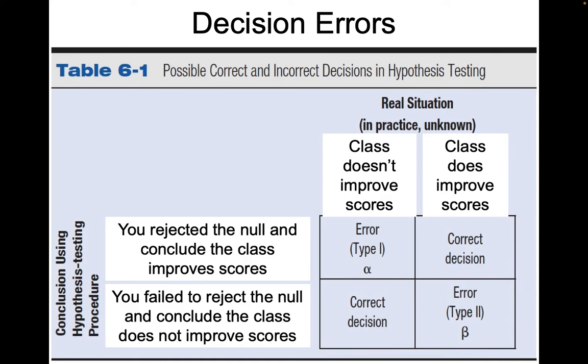Alternatively, if we had failed to reject the null, which we didn't in our example, but let's say we had, we would conclude that our class does not improve the LSAT scores. That would be correct if it really didn't, like if it wasn't a good class, but we'd be making a type 2 error if we did have a good class, it did improve scores, but we just didn't have the statistical evidence to make that conclusion.